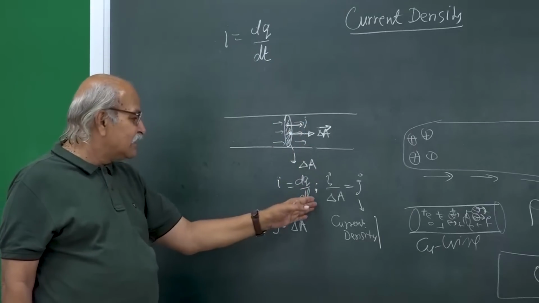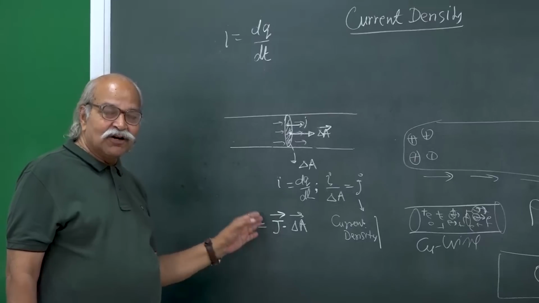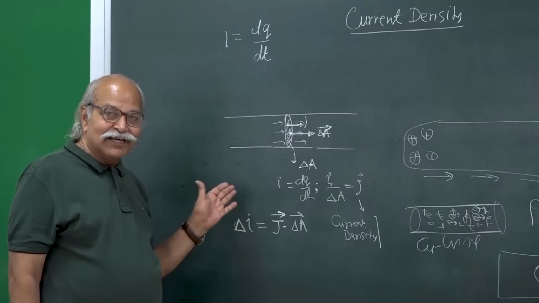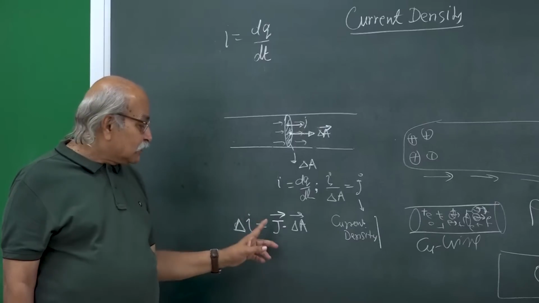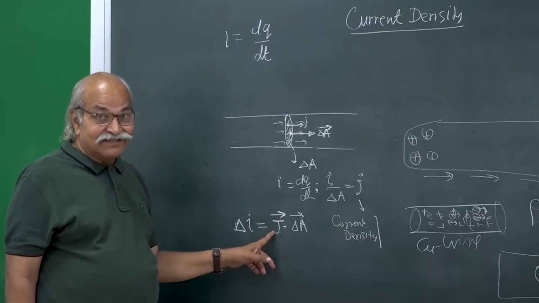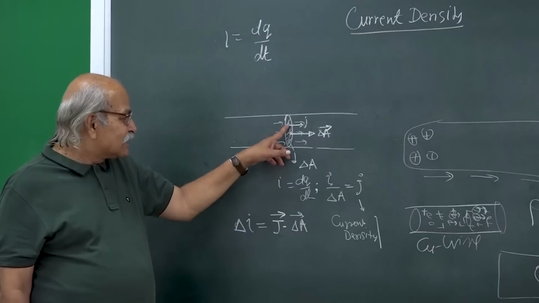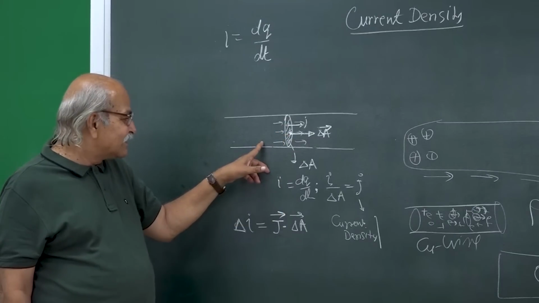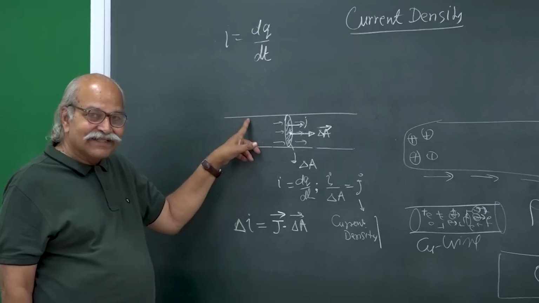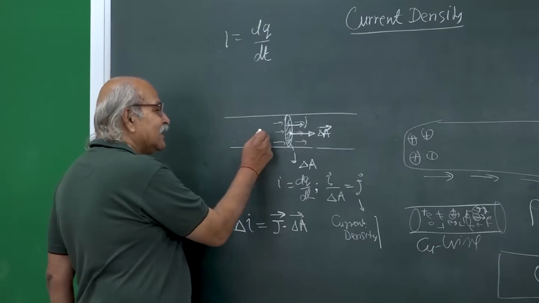Divide by the area, and that is the current density magnitude, and the direction of the current density is the same as the direction of the current. Now, this is defined point by point. Here how much is the current density, here how much is the current density, and with that point you can construct a smaller area also.